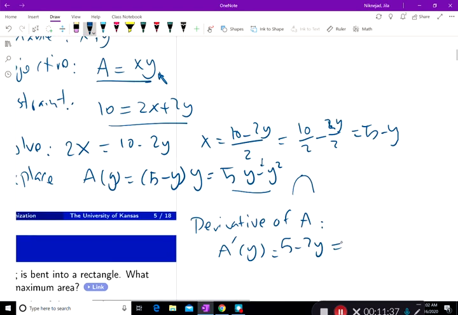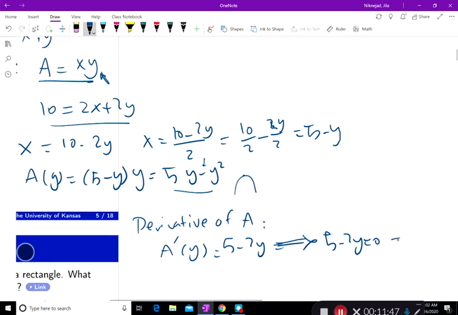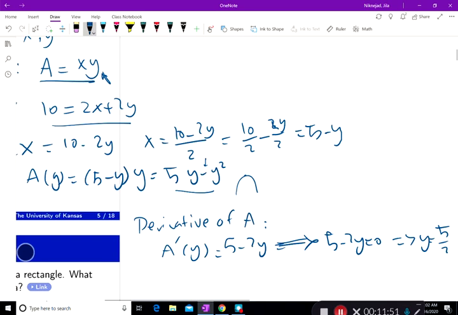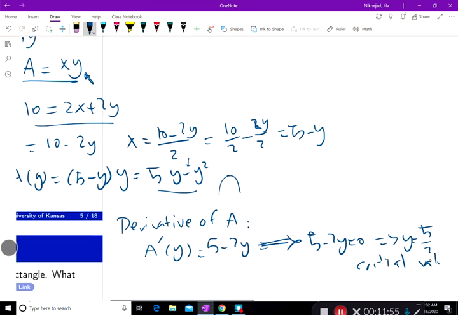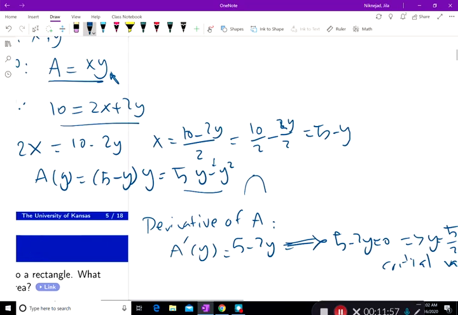Then find critical points. Whichever method you're using, the critical points are needed. So 5 minus 2y equal to 0, and it gives me y equal to 5/2 as a critical value or critical number.